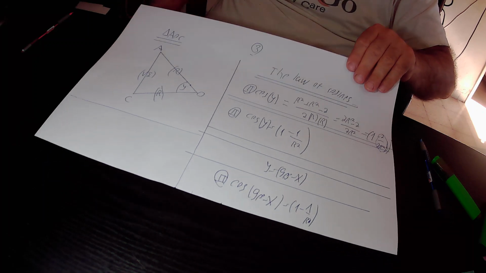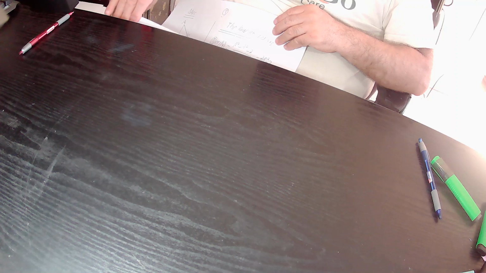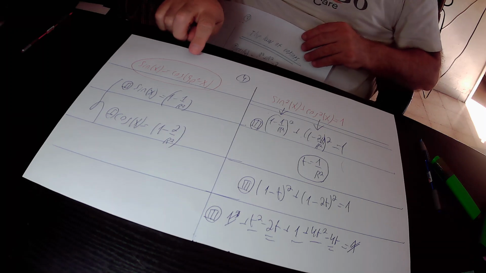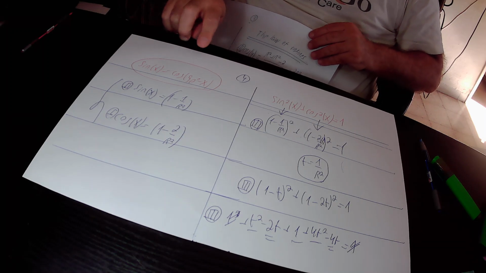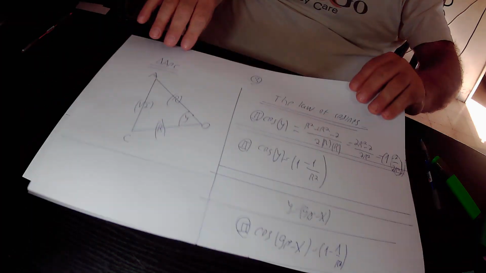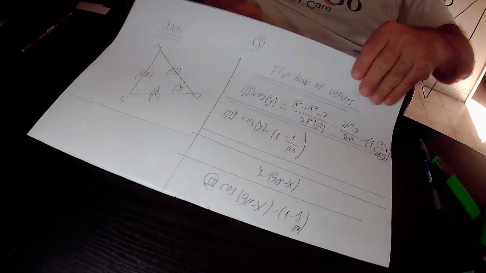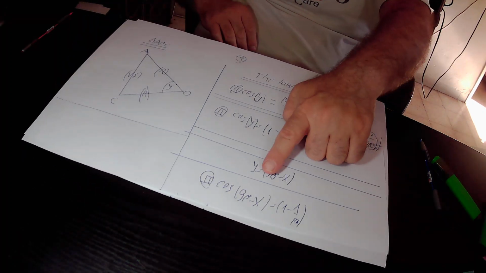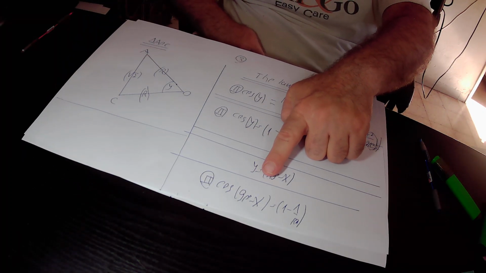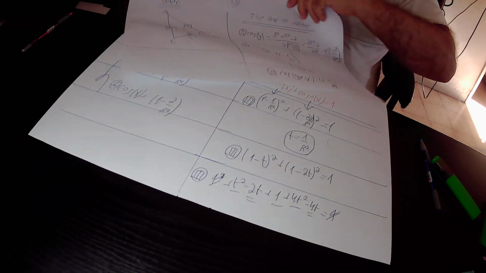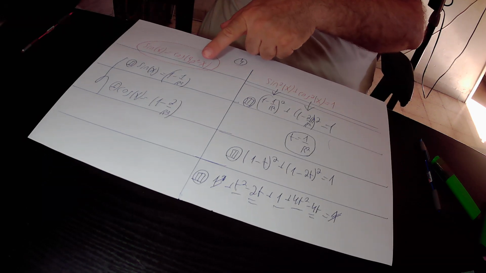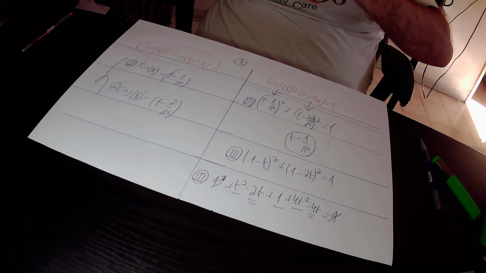And we have the trigonometric identity that says that sine X equals cosine of 90 degrees minus X. Therefore, we can substitute cosine of 90 degrees minus X in equation 2 by sine X. We did it, and we found that sine X equals 1 minus 1 over R squared.